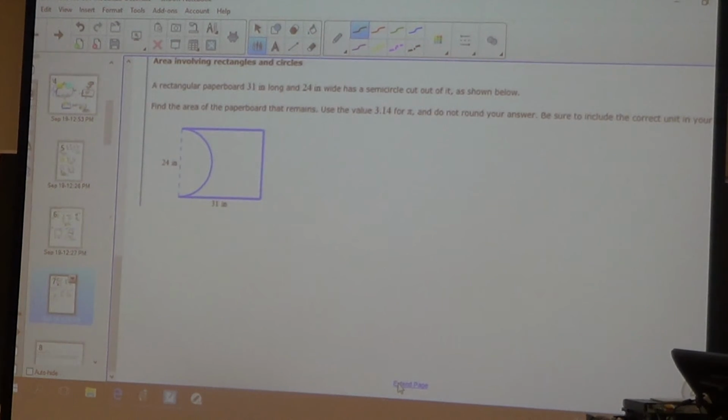Now, look at this one. What's this one? 24. What's my shape on the outside? A rectangle. Plus or minus? Minus, because we're sucking in. A full circle? Half. This one's going to be a circle cut in half.